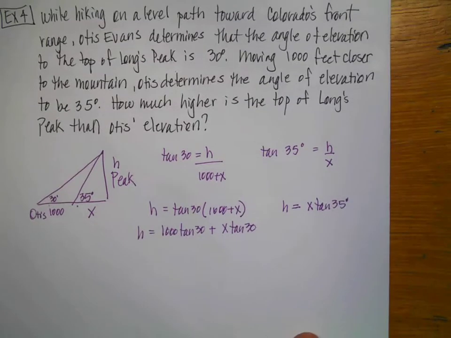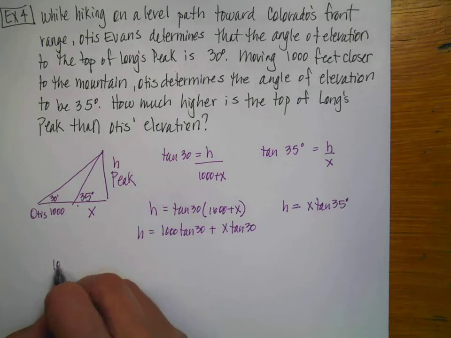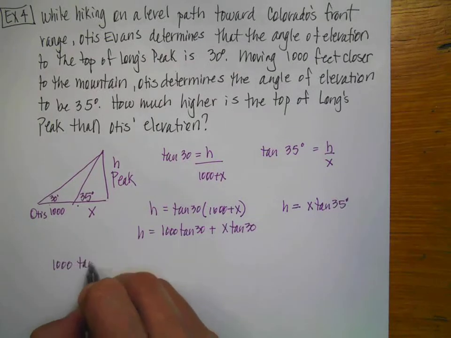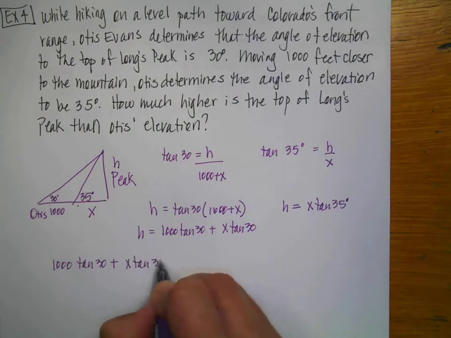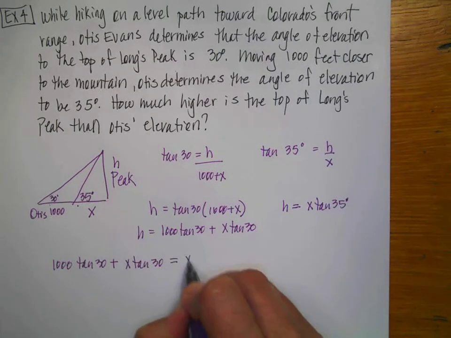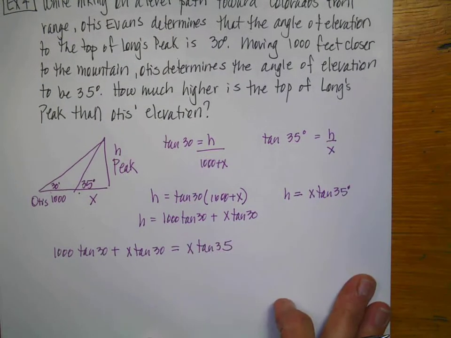Just like problems that we've done in other chapters, the H's are equal because the height of the mountain is the height of the mountain. So I'm going to set these 2 equations equal, and I get 1,000 tangent 30 plus X tangent 30 is equal to X tangent 35.